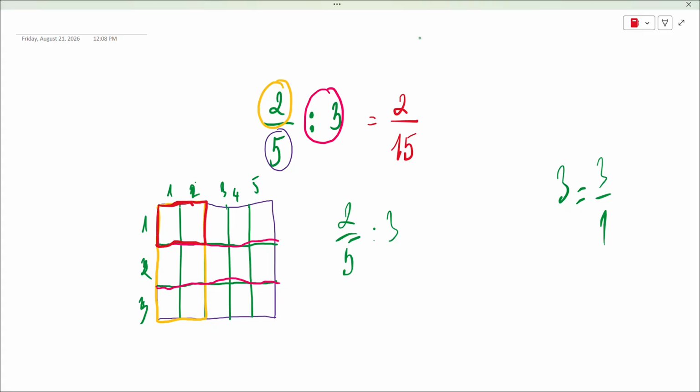When we divide by a fraction, it means we multiply by its reciprocal. The reciprocal of 3/1 is 1/3. We just swap the numerator and the denominator.